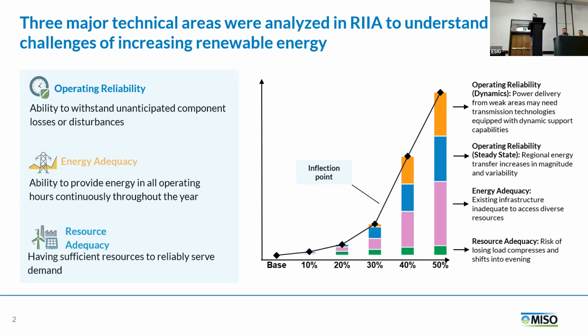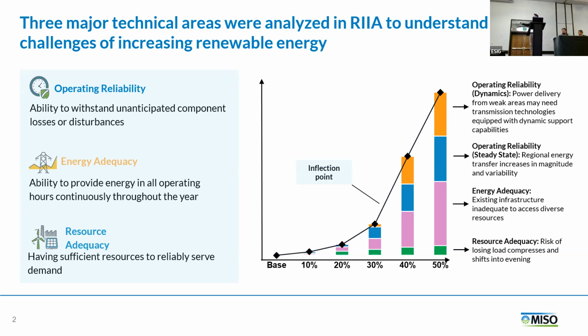So this incorporates nodal transmission, also ramping. So some of the operational components as well that are normally not accounted for in the resource adequacy area. And then resource adequacy, I'm starting from the finish to the beginning here, having sufficient resources to reliably serve demand and meet the 1 day in 10 loss of load expectation.